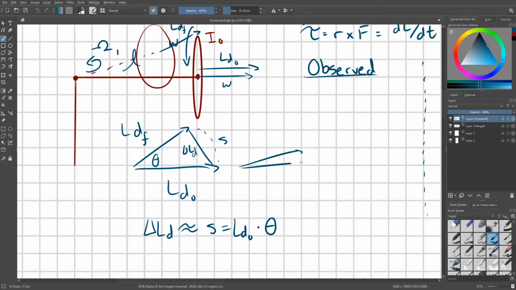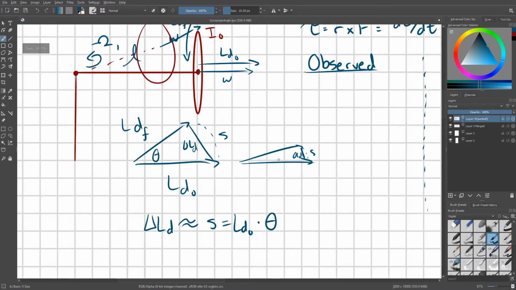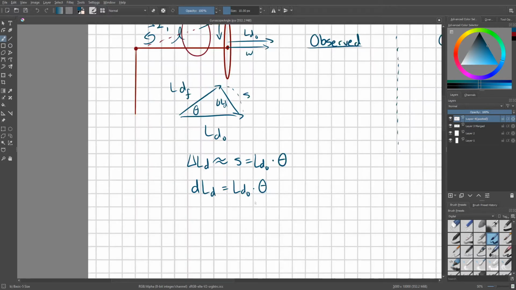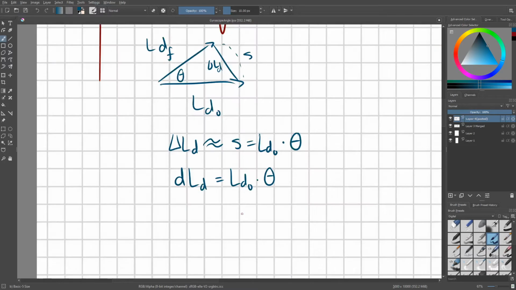If we have a really small angle, this arc length and the delta L_D get closer and closer and closer together. So for an infinitesimally small change in length, we'll call this dL_D, this becomes equal to S. So these terms become equal to each other. Okay?